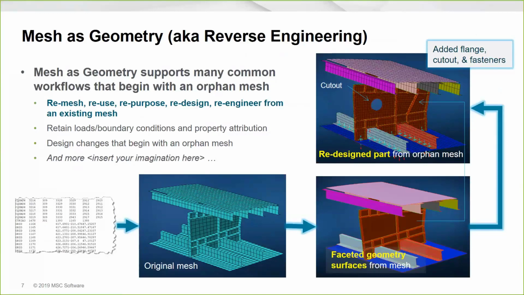An example is on this slide where we start with a mesh that's in a file, right? Nastran terminology would be a bulk data file. We import that into Apex. We turn that into facet geometry. And then from that geometry, we're able to do some exciting things, such as perhaps add an additional flange that wasn't there. So we're kind of re-engineering now. We're kind of redesigning now. Maybe even adding a cutout that was not part of the original mesh.